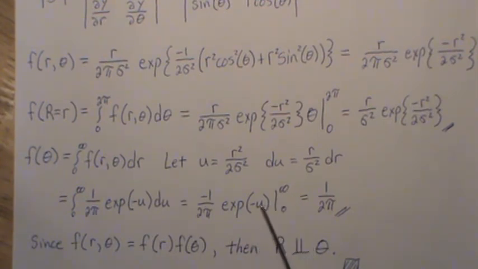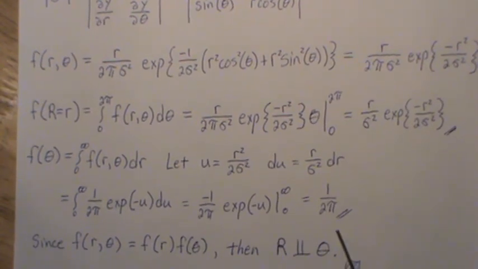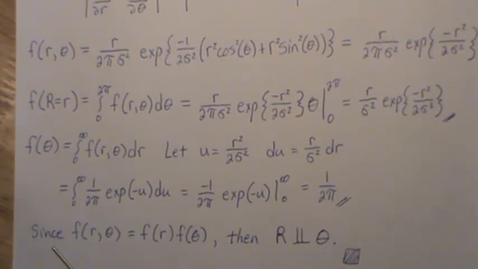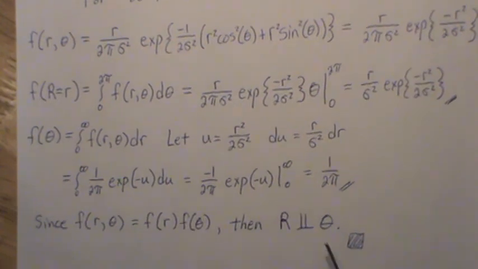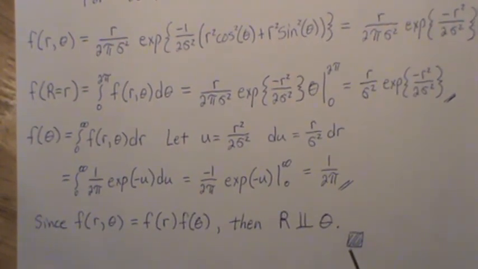When you plug in infinity here, this goes to 0. Plug in 0, and you get 1, but it's minus that, so you get minus 1 over 2 pi. And since the joint density is equal to the product of the marginals, they're independent. And that's what we wanted to show.